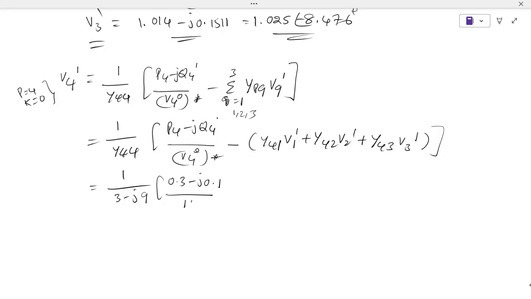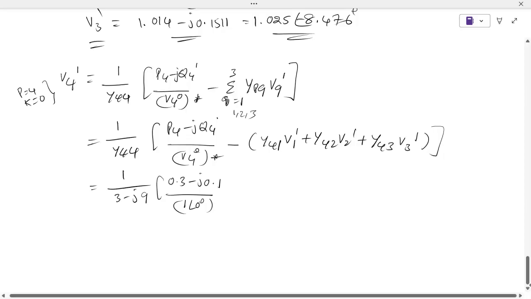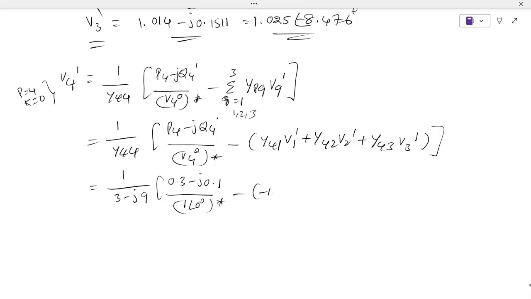This is the flat voltage profile, 1 at an angle 0 degrees, conjugate, minus Y41, that is 0, sorry, this one is 0. Then this one is 1 plus j3 times V2(1), which we already have calculated.